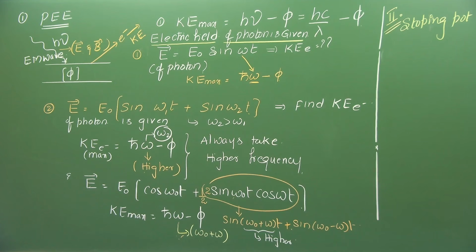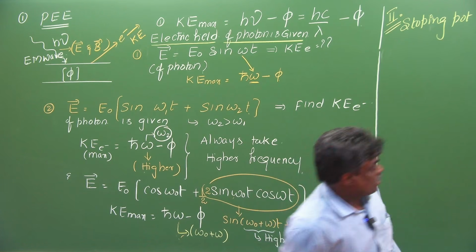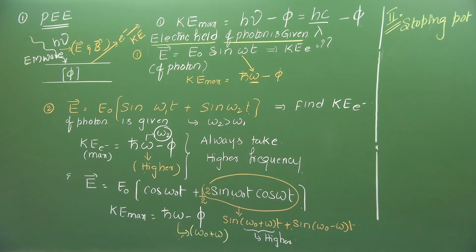Omega is always a coefficient of t. Coefficient of x is k. Coefficient of t is omega. Still, please ask.